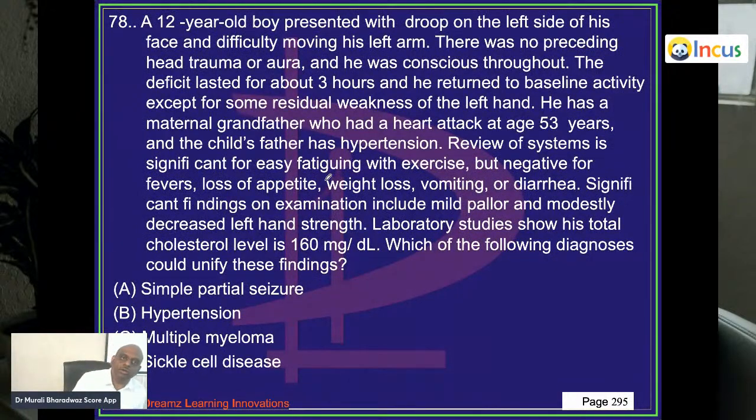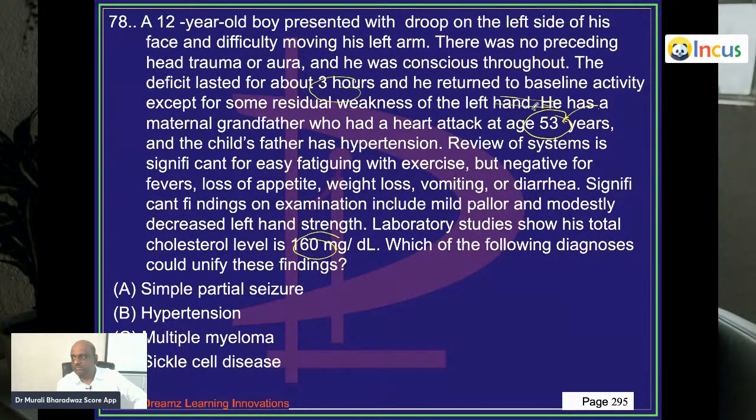A 12-year-old has a droop of the left side of the face and difficulty moving the left arm, and his total cholesterol level is 160. He has a maternal grandfather who had a heart attack very early at the age of 53. But this deficit lasted only for about 3 hours and he returned to baseline.